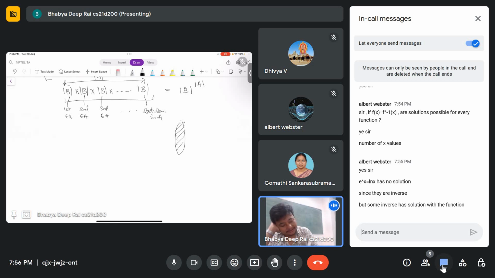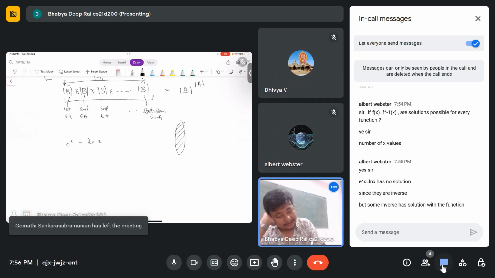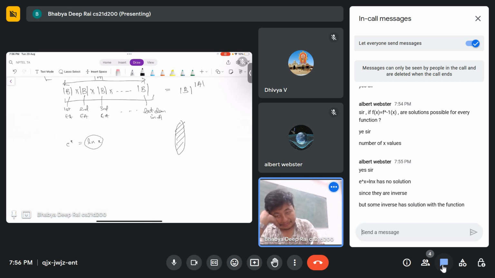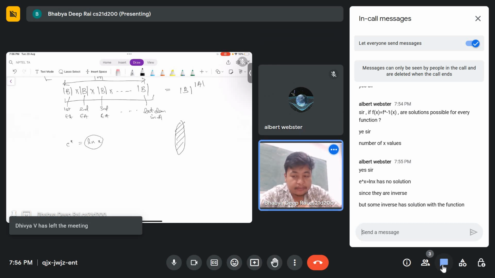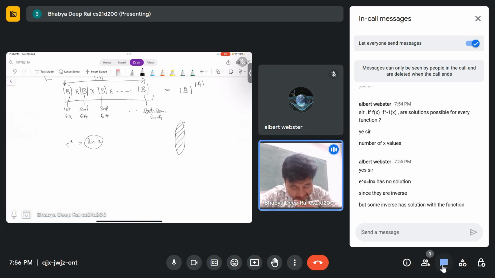No, but see, e to the x equals ln x. Ah, okay. So you mean ln x is the inverse of e to the x. So you mean this has no solution? Is it true?